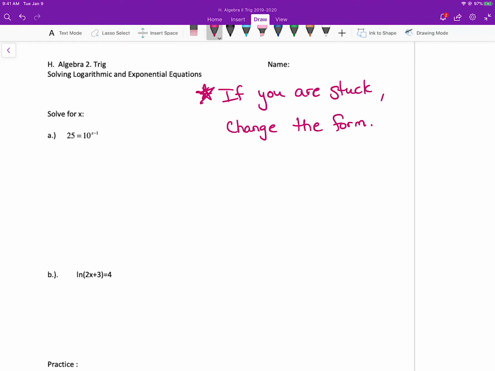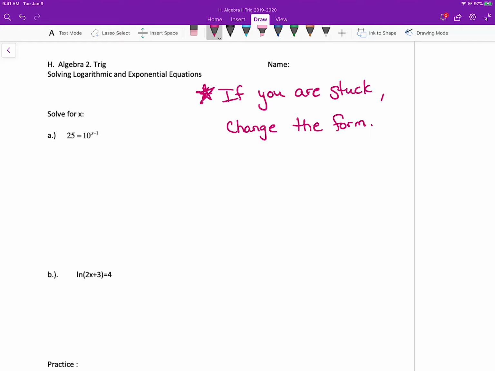Now I have a problem that's in exponential form. One of the first things I always want to look at is whether there is a way I can easily make these bases the same. I have a 25 and a 10. Maybe I could do that if I do all sorts of things with the powers, but I'm thinking 5 squared is 25, and there's no easy way I can get this base to be a 5.